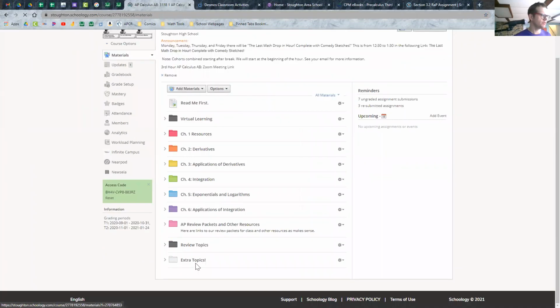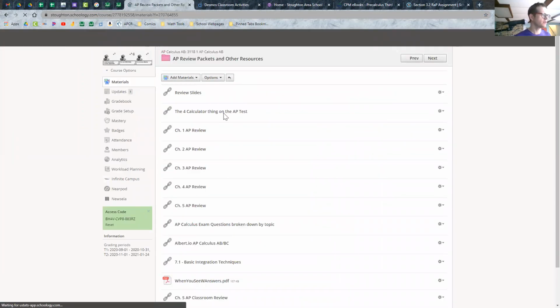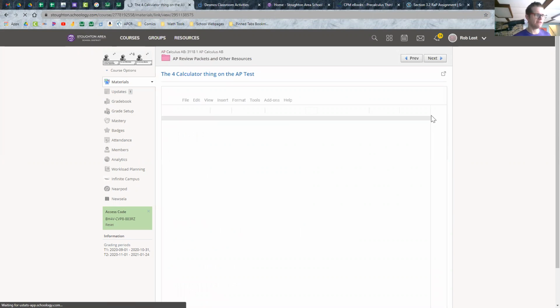If you go to AP review packets and other resources, the 4 things on the AP calculator thing, that's the one you want. I'm going to make one for Desmos. It's on my docket, but everything keeps getting pushed back.